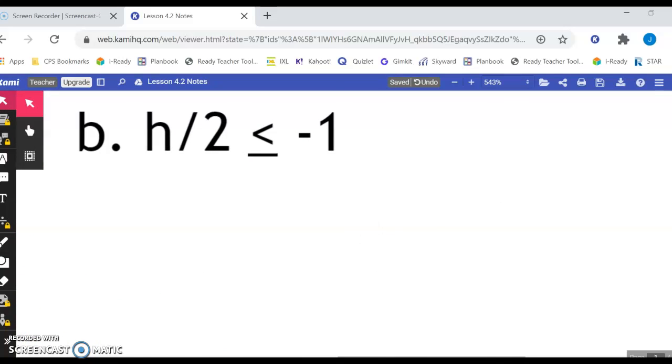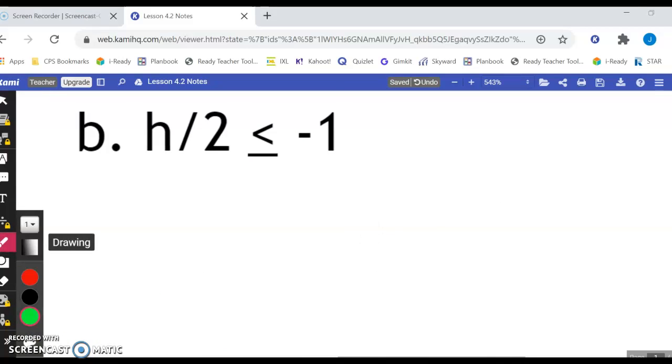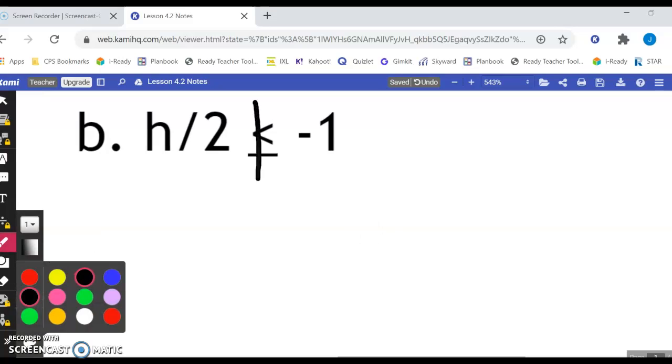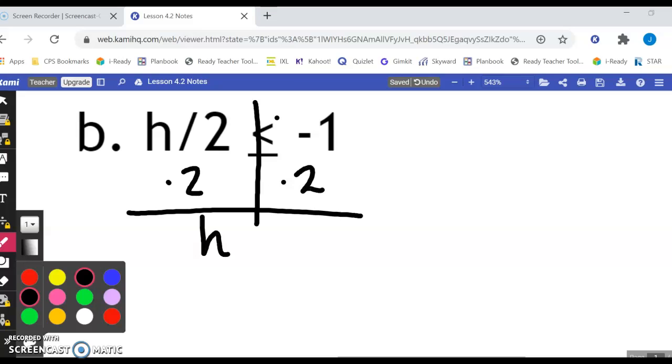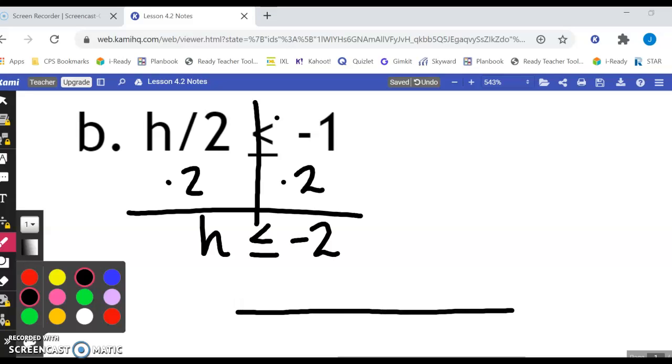So for part B, we are going to do our upside down t problem that says h divided by 2. So the opposite of divide would be to multiply. So we're going to multiply both sides by 2. We're going to have h here, and then we have to bring down that sign. -1 times 2 would give us -2. And then we have to put that on a number line.